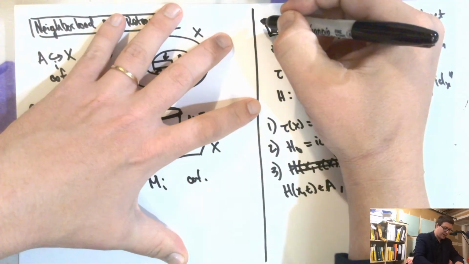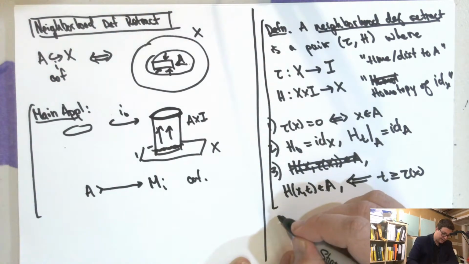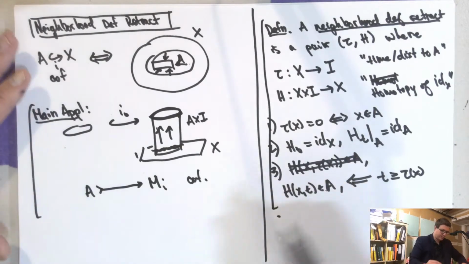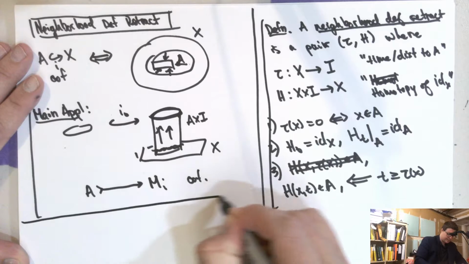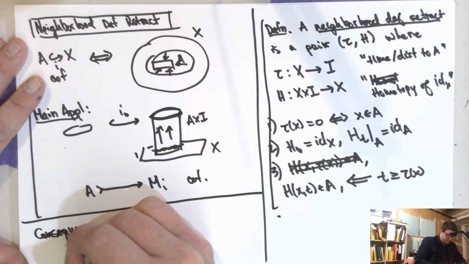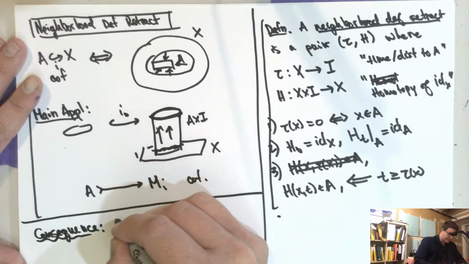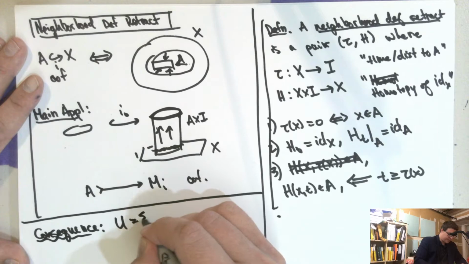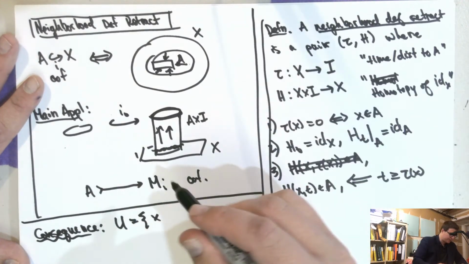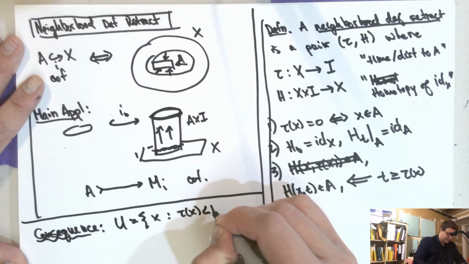And so the immediate consequence of these definitions is the neighborhood deformation retract. So here's my neighborhood. Take U to be the set of x where tau of x is less than 1.